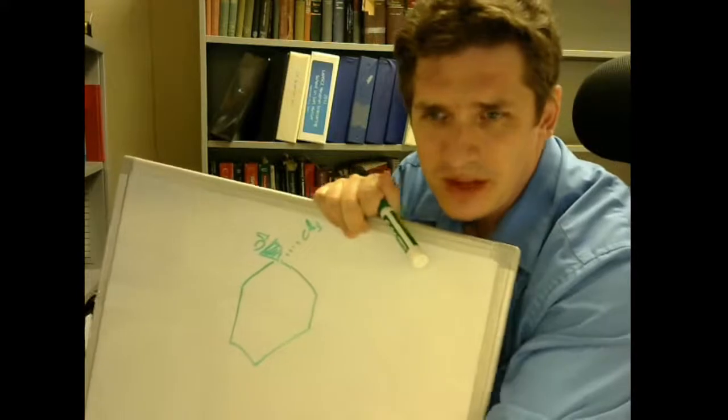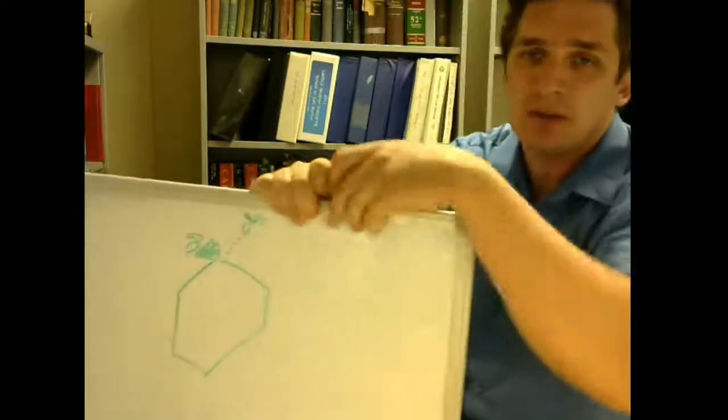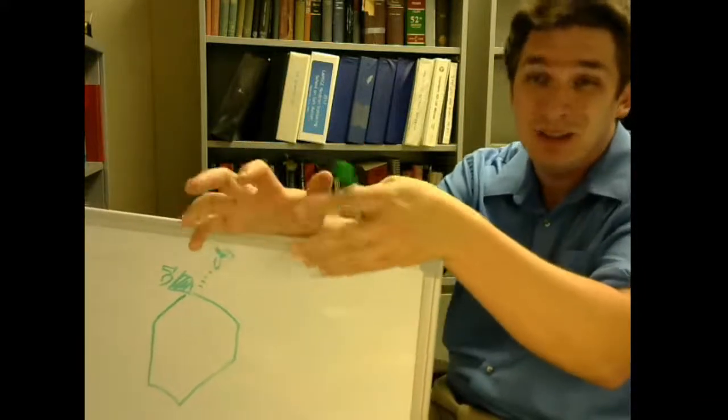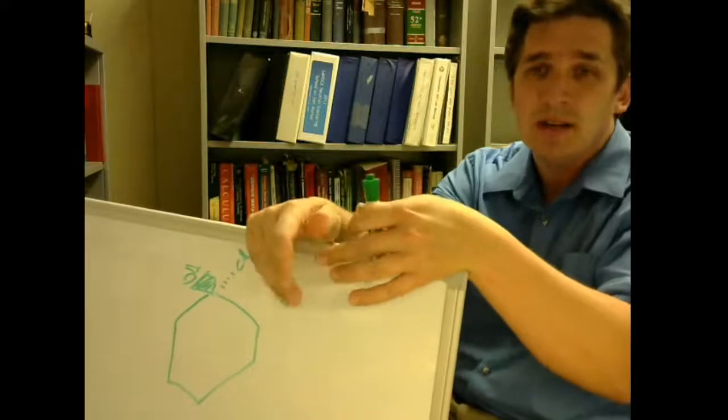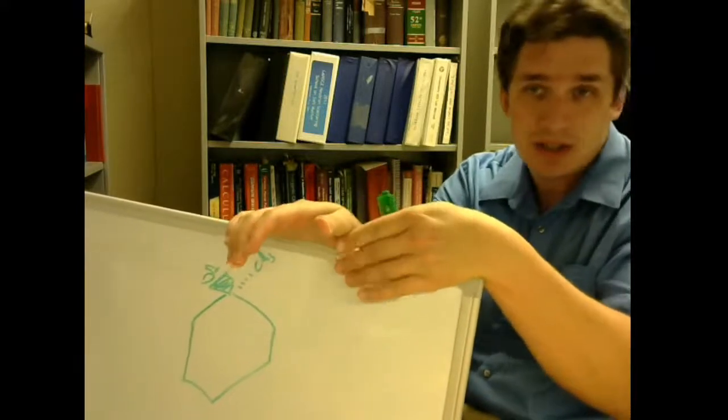Just because you have line bond lines and wedges and dashes doesn't imply that you actually have chirality. You have to have wedges and dashes if you have chirality, but that doesn't mean that there is chirality just because you have them. So the reverse is not true. If you have chirality, you've got wedges and dashes, but if you've got wedges and dashes, that doesn't necessarily mean you have chirality.